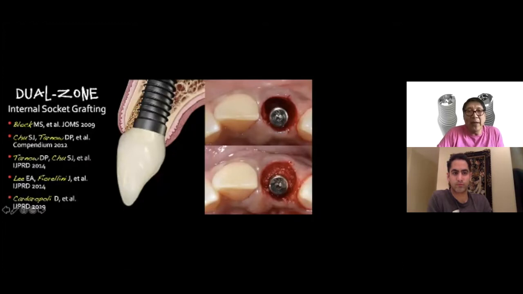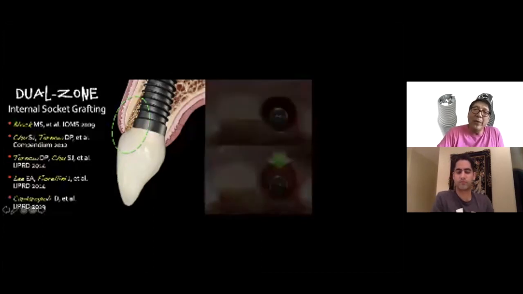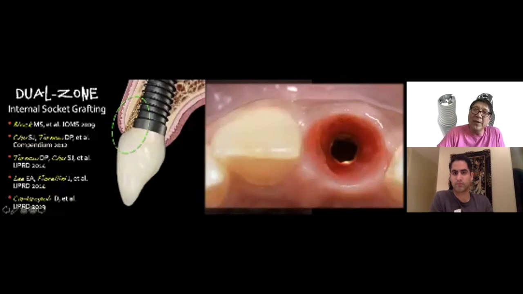As you had mentioned, the work with Dennis talked about the dual zone socket grafting technique, where we bring the graft not only to where the buccal plate is, but also into the soft tissue zone, containing and protecting it with our temporary, allowing the tissue to mature. You could see that we're able to maintain ridge volume and shape, as well as maximize our peri-implant soft tissue.